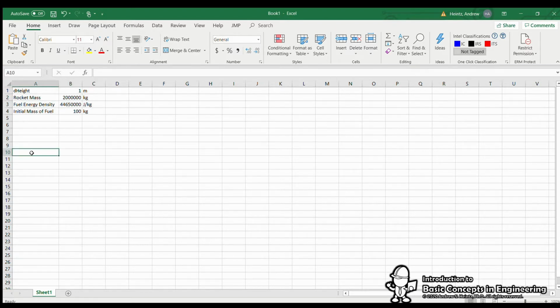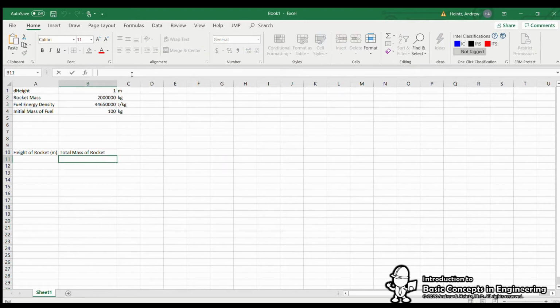So what I like to do is go down to cell 10 before I start building. And let's go ahead and start doing our labels. So we're going to look at the height of the rocket, and that's in meters. So we'll note that it's in meters so we can keep track. Okay, next, what do we need to know? We need to know the total mass of the rocket, because the total mass of the rocket won't just simply be the rocket weight, it will also be the mass of the fuel.